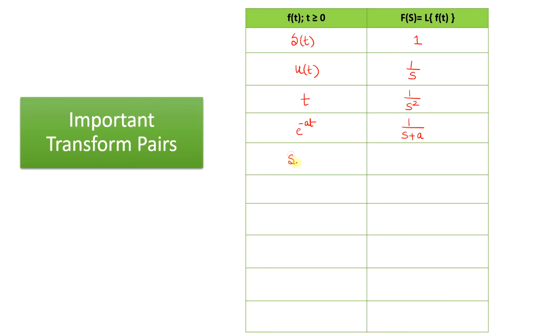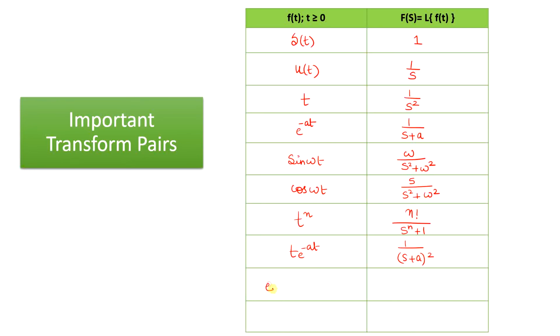Sin omega t is equal to omega by s square plus omega square. Cos omega t is equal to s divided by s square plus omega square. t to the power n will be equal to n factorial divided by s to the power n plus 1. t e power minus at will be equal to 1 divided by s plus a the whole square.